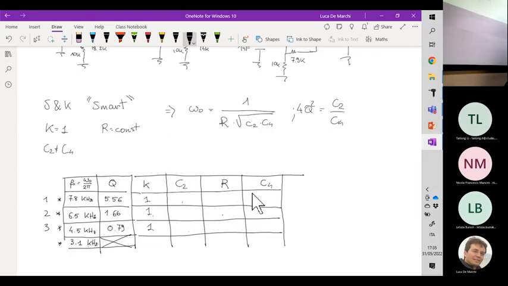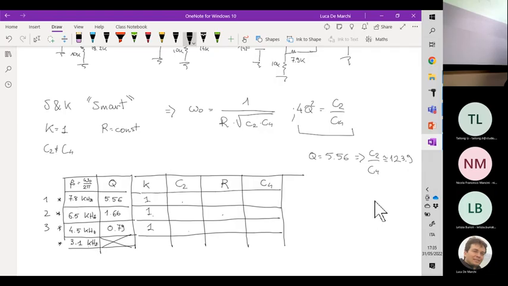So we can start from this expression. If we plug the value of Q in this expression, we have the desired ratio for C2 over C4. So for example, for Q equal to 5.56, the C2 over C4 ratio must be approximately 123.9.